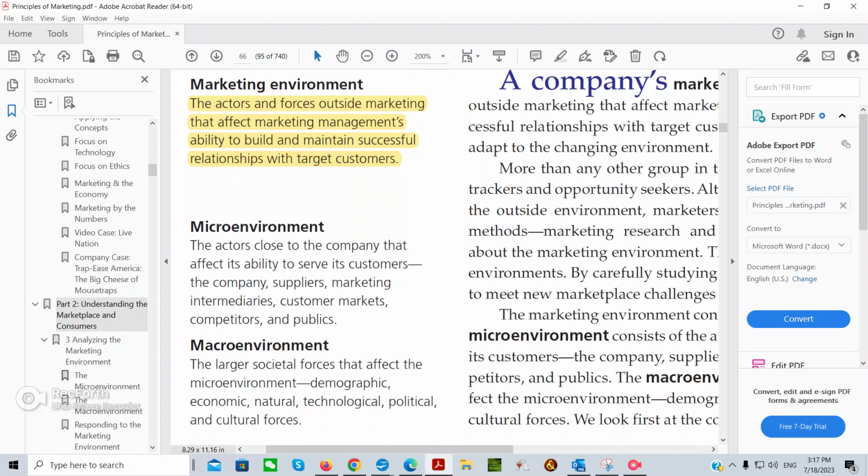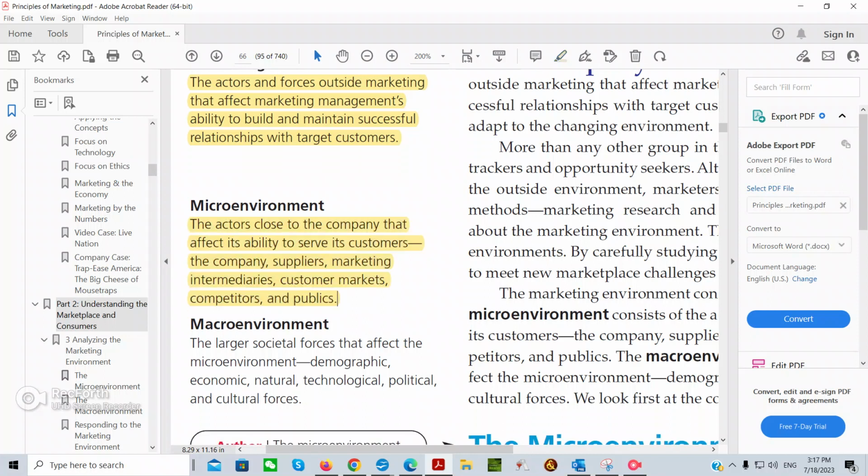Okay, keep that in mind. Number two, let's talk about the microenvironment. Those actors are close to the company that affects its ability to serve its customers. These are the company, the suppliers, marketing intermediaries, customer markets, competitors, and publics.